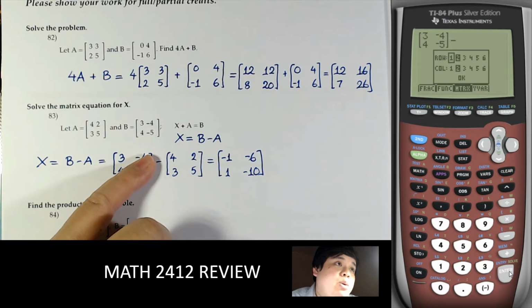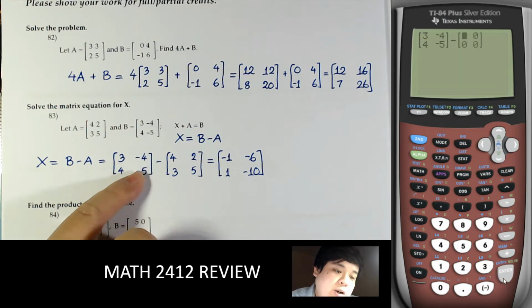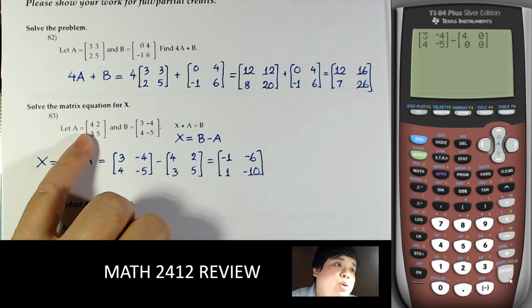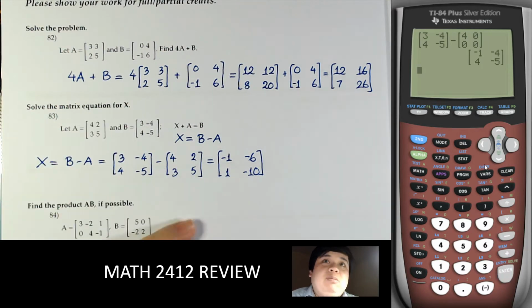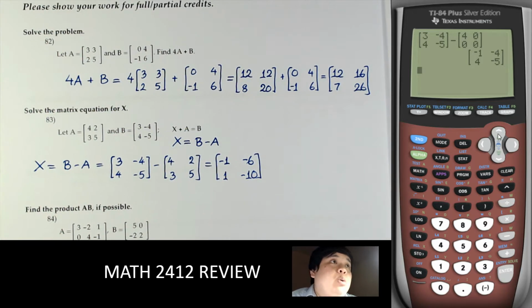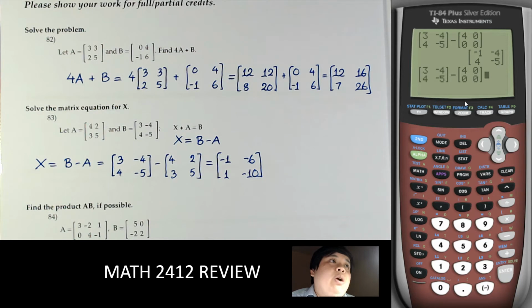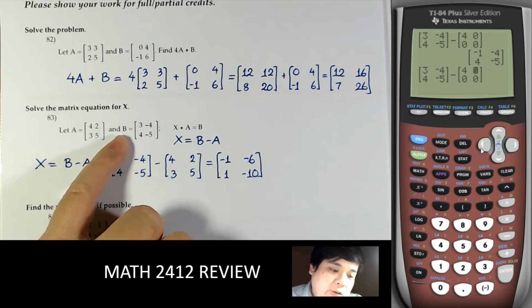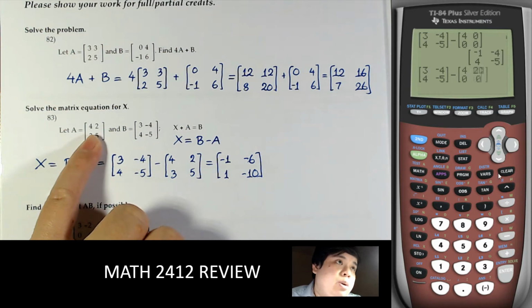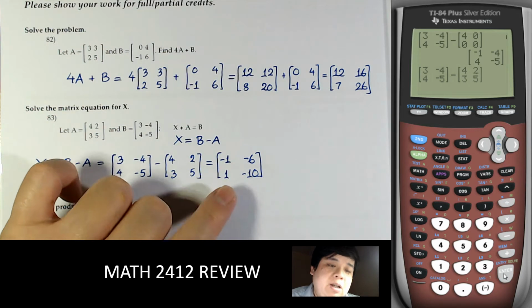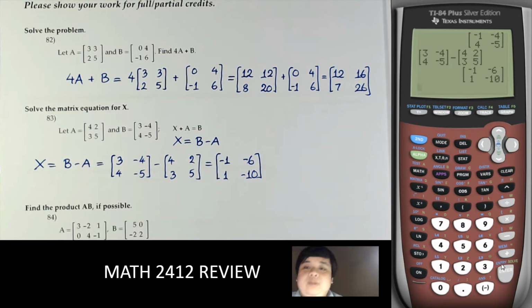If this happens, for example, we have 4 and you forgot to hit enter, because that's not right, we haven't finished entering. But don't worry, we just go up there, highlight it, hit enter, so we copy and paste. Now we can continue working on our problem. 4, 2, 3, and then 5. Of course, that's what we get, so that's good.